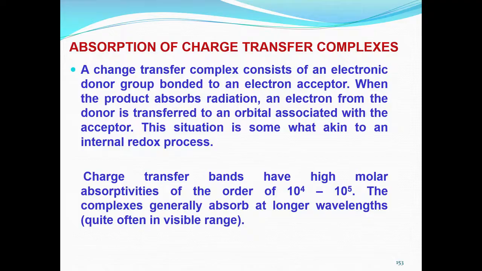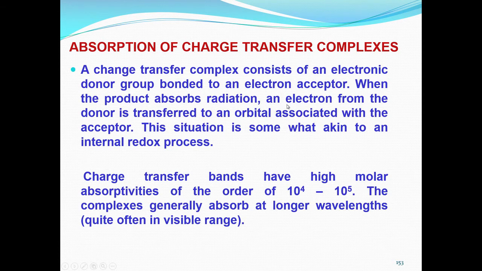So, when an electron acceptor is there, the compound could be colored to some extent. Such a compound is known as a charge transfer complex. The charge transfer complex normally is colored.